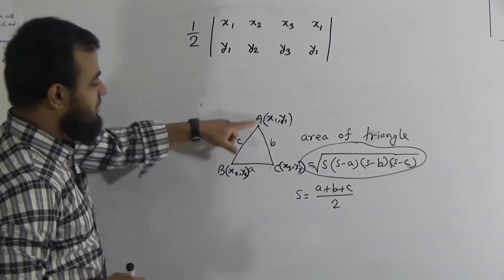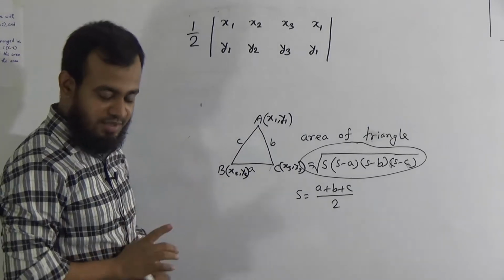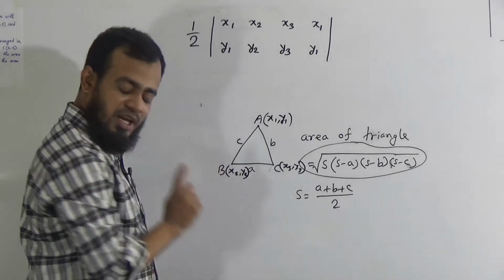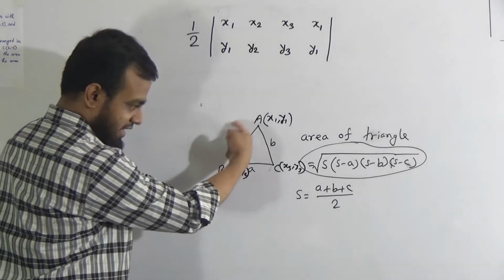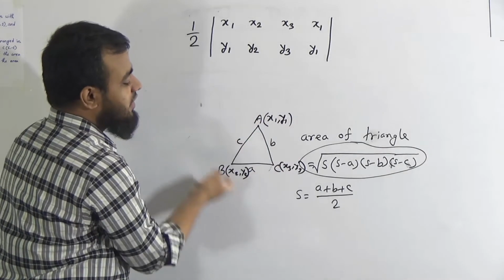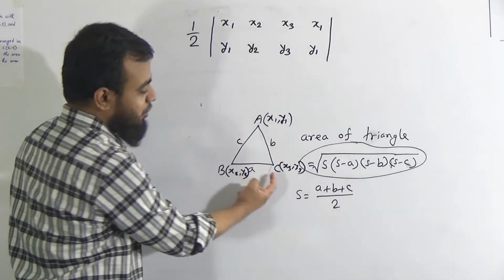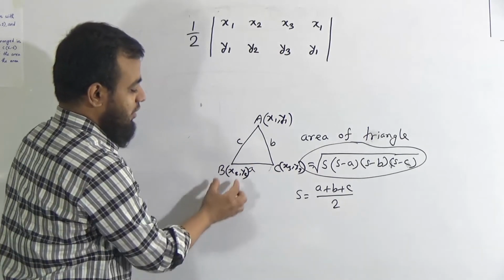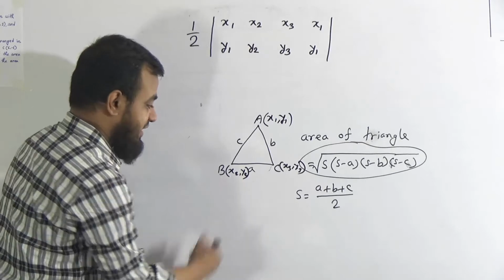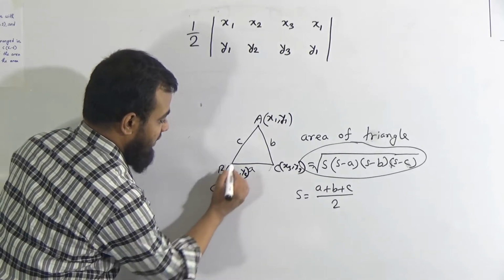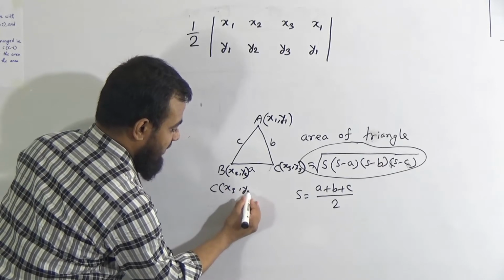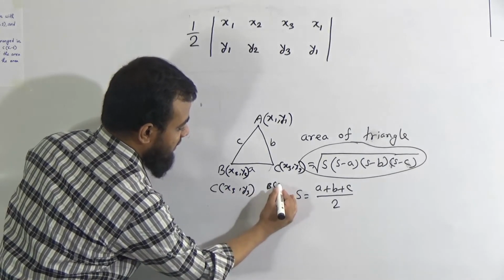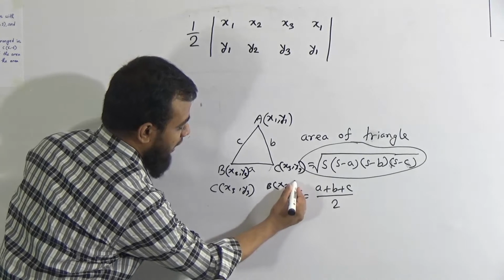These 3 points must be in anti-clockwise order. That means A, B, C is anti-clockwise. If this point is C, suppose this is the C point, C is x3, y3, and B is x2, y2.